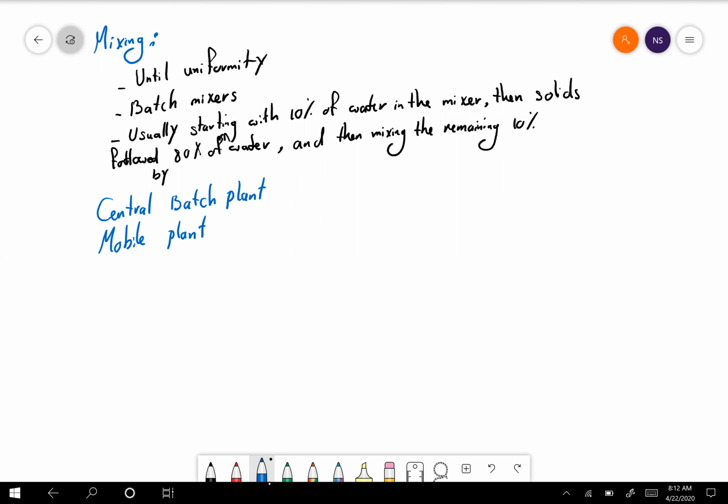And then the types of mixing. Most of the time we have ready mix concrete.